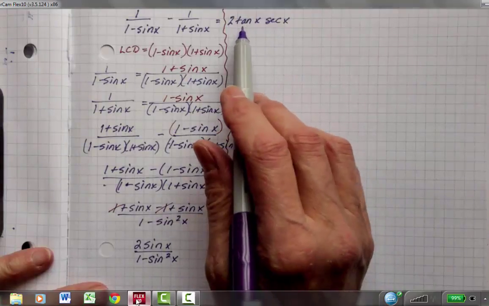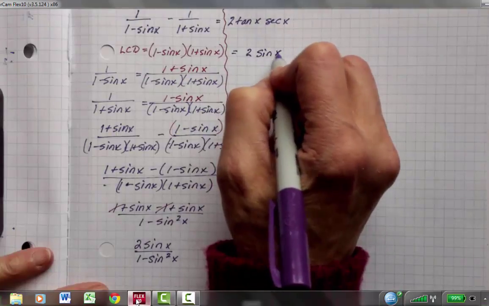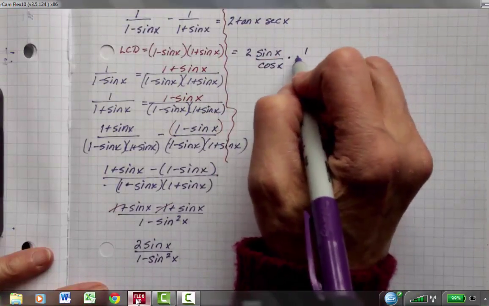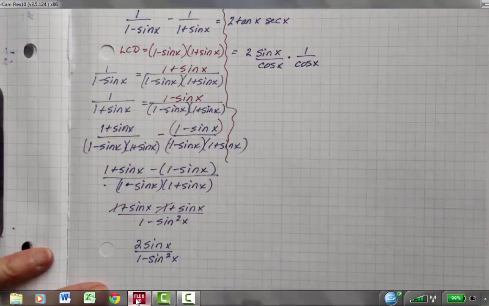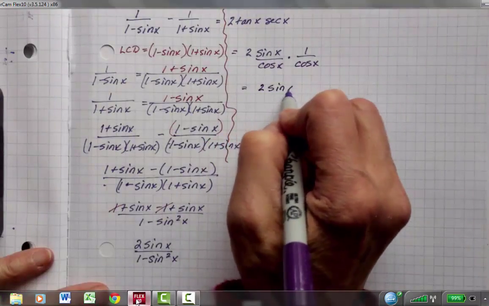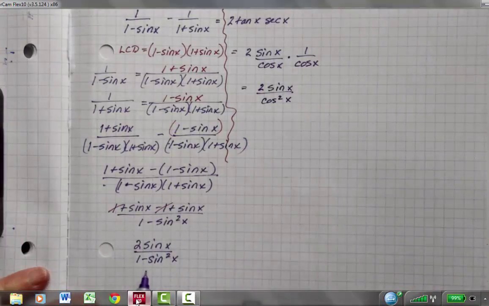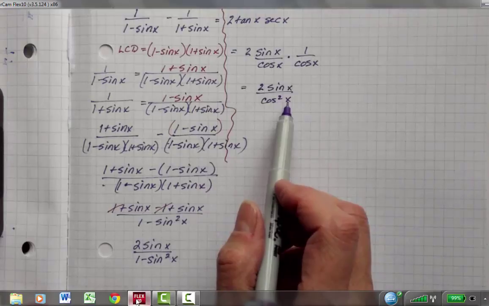So remember that tangent can be rewritten as sine x over cosine x, and secant can be rewritten as 1 over cosine x. So if I combine all that together, I could rewrite this as 2 sine x over cosine squared x. So now looking down at what we have, can I get this to match what I have up here?